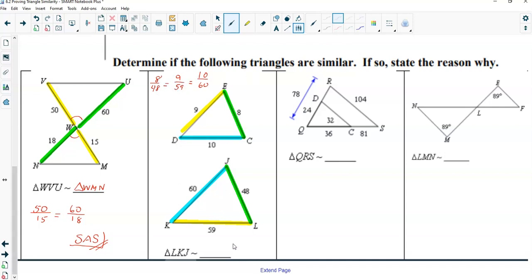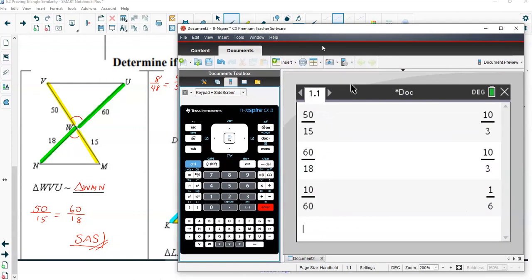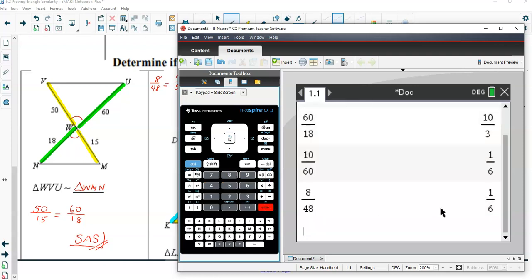But let's test it. 10 is to 60. That's 1/6. Then 8 is to 48. Enter. That's still 1/6. See, 1/6, 1/6.